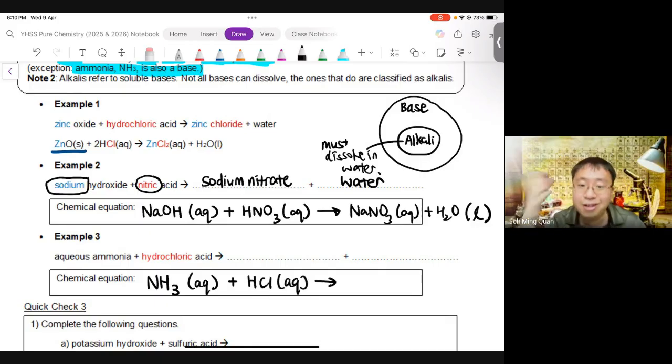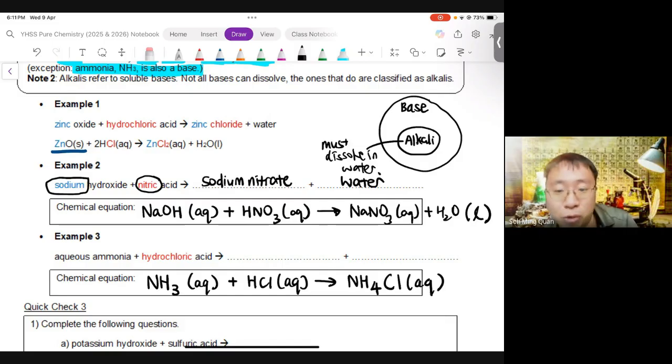Aqueous ammonia, hydrochloric acid is also aqueous. It's quite obvious. How would you write H2O? There's no O, right, in this equation. So the product is just ammonium chloride. NH4Cl, ammonium chloride.